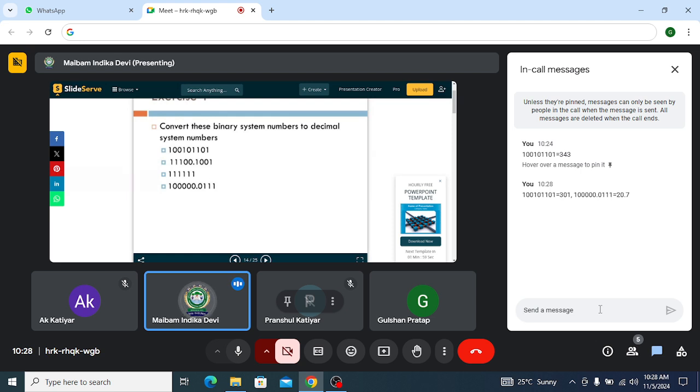Anyone? Gulshan Pratap, the second answer is also wrong. The first answer is right, 301. Gulshan Pratap has solved it. The second one is not 011. Which one are you solving? I told you to calculate only for the first and second question. 111.1001. Gulshan Pratap, you check it out for that, the second one.